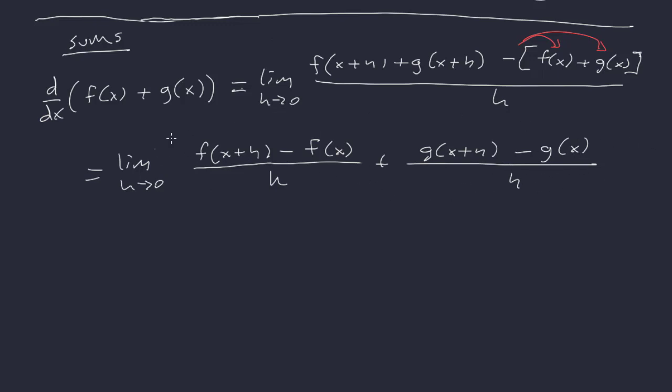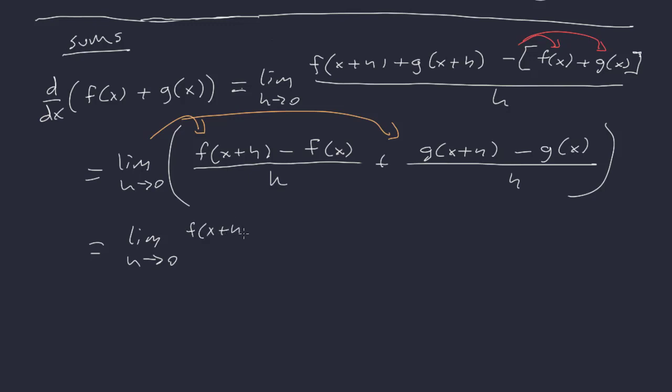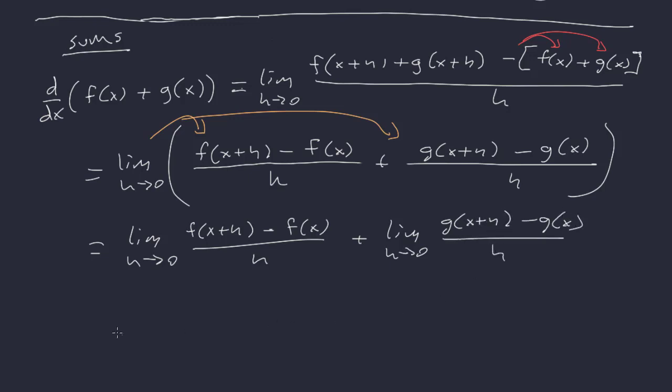And the nice thing about the limit is that we can distribute it across addition. So I'll have the limit as h goes to 0 of f of x plus h minus f of x all over h, plus the limit as h goes to 0 of g of x plus h minus g of x all over h.